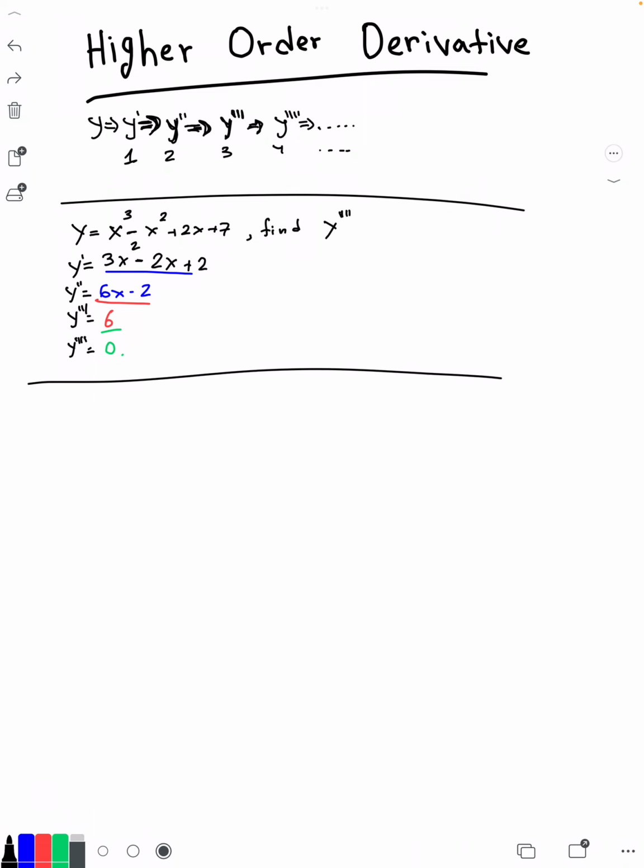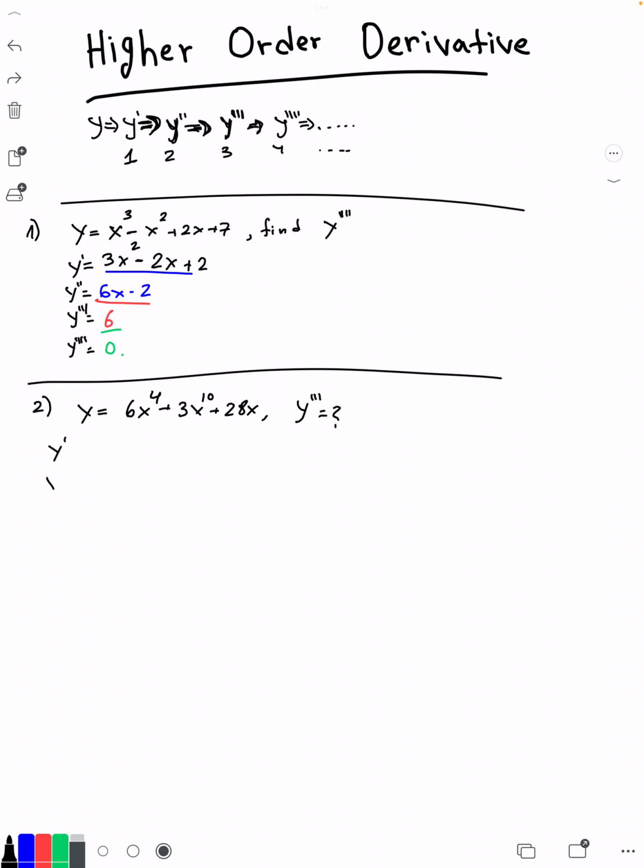Let's look at another example. This was the first one. Let's look at the second example. y equals 6x to the power of 4 plus 3x to the power of 10 plus 28x. Find the third derivative.